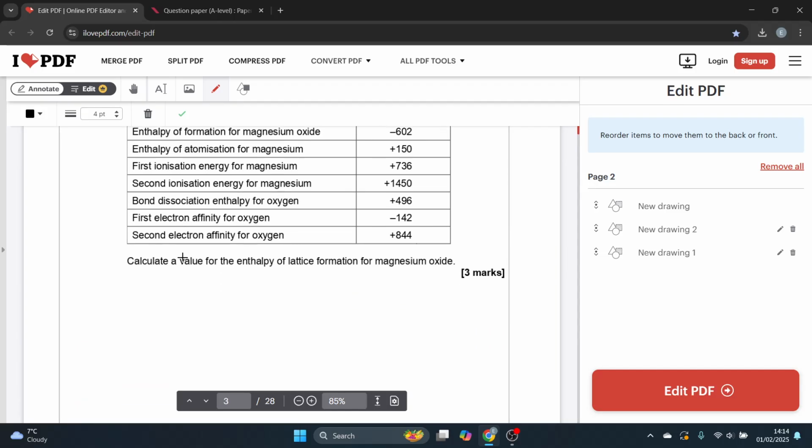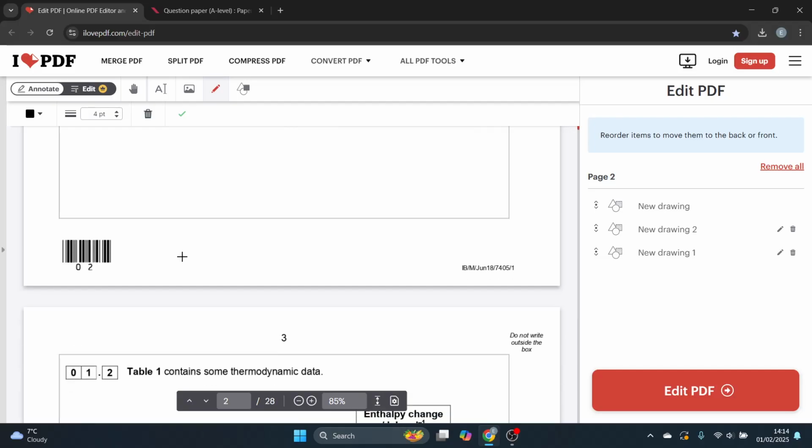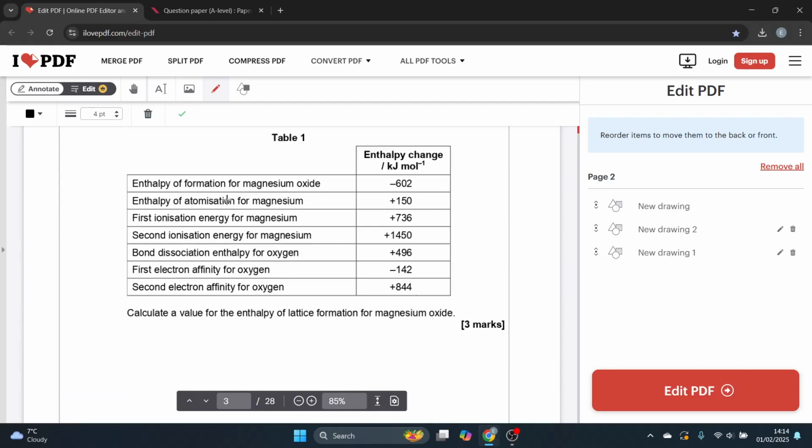Calculate a value for the enthalpy of lattice formation for magnesium oxide. So I know the enthalpy of formation for magnesium oxide is minus 602.